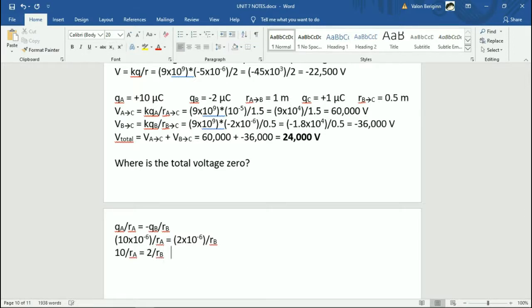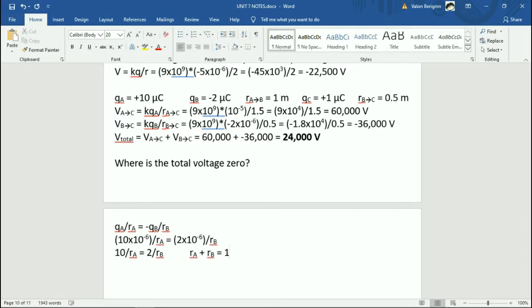Now at this point, I had this up here before, where the distance from A to B should add up to 1. So RA plus RB should equal 1.